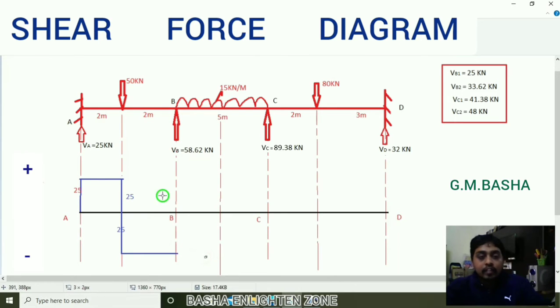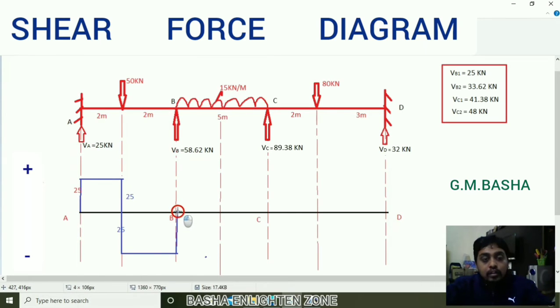Okay, again friends, see here, VB equal to 58.62 kilonewtons, which is acting in the upward direction. So we are at this position, and from here we are drawing 58.62 kilonewtons upwards. So from here to here it will be 25 kilonewtons.